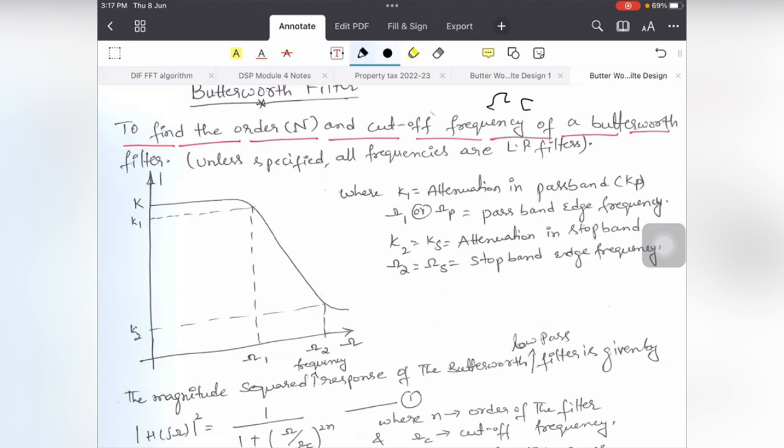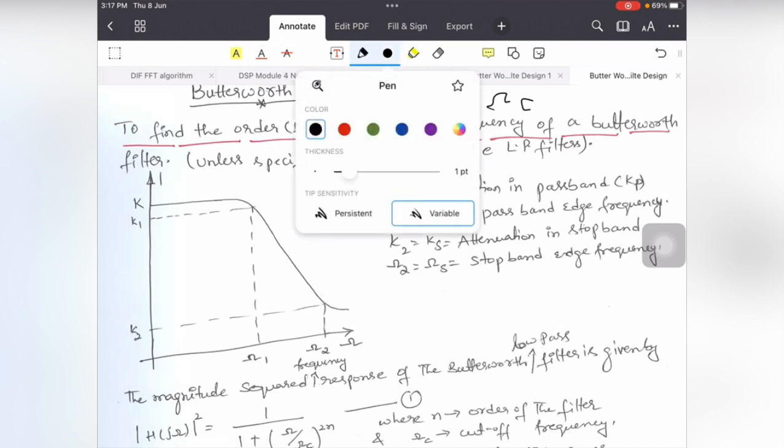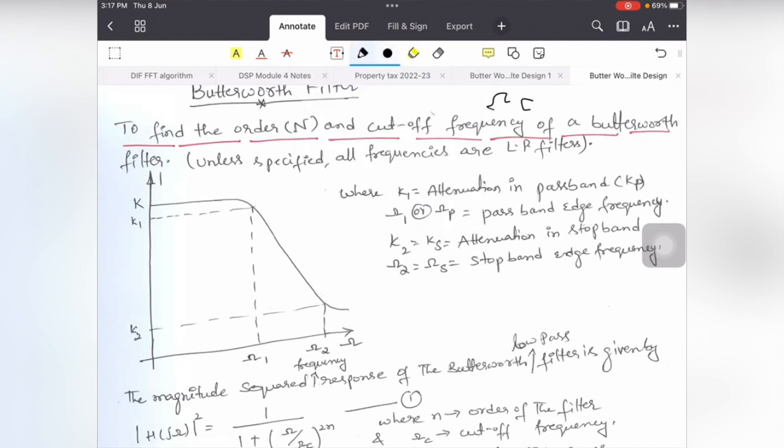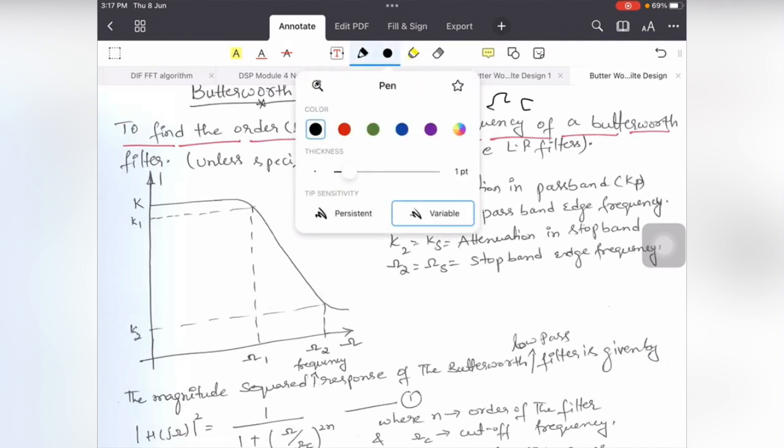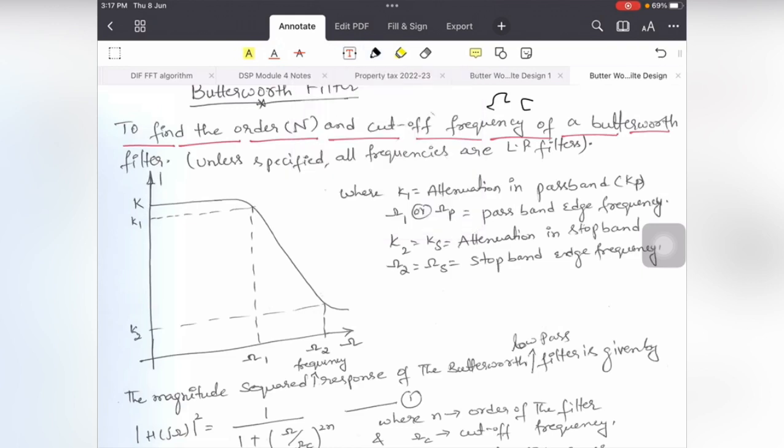So before starting the derivation, let us see the magnitude squared response of the low pass Butterworth filter is written here. This is the magnitude response curve of the low pass Butterworth filter. For any filter design, we will have the four specifications as we discussed.